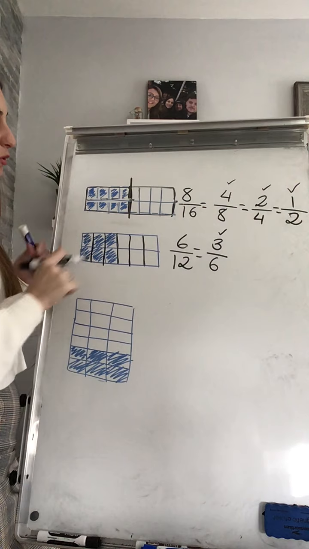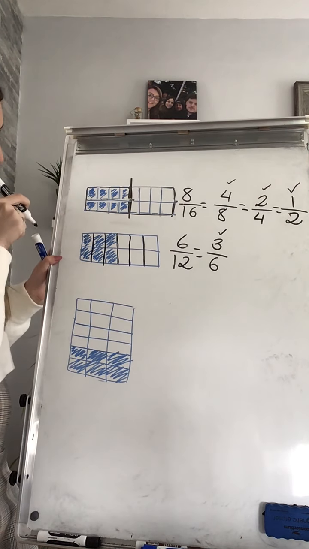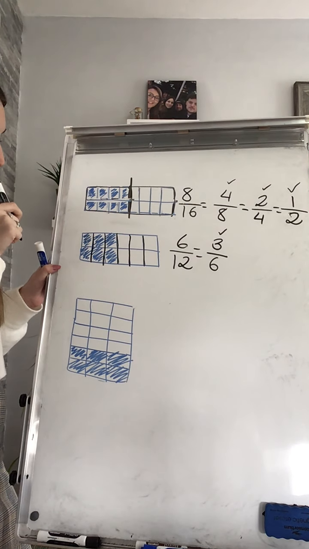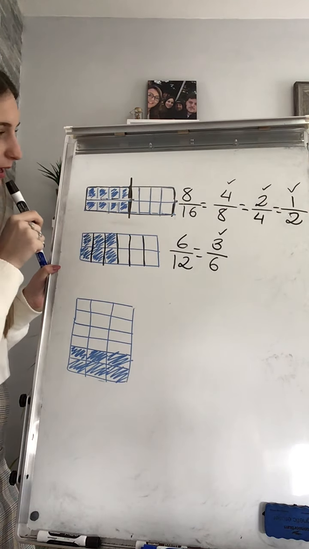Right, 6 twelfths. Is there anything else that I can divide it by? Well, I have divided by 2. I could divide it by 3. Yeah. 6 is in my 3 times table and 12 is in my 3 times table. 6 divided by 3 is, well done, 2. 12 divided by 3 is 4.